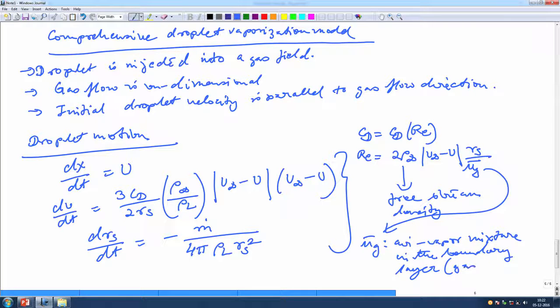It is also the average density in that boundary layer. So, this is CD, and this is that.